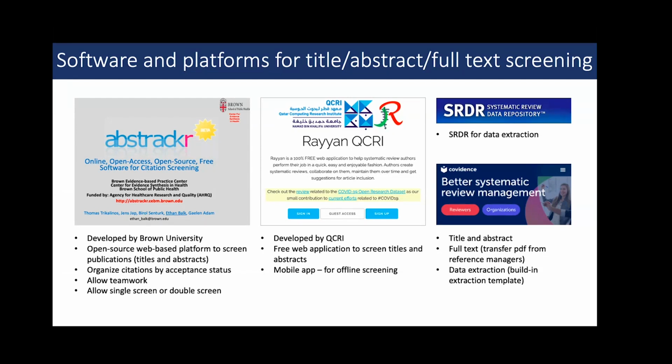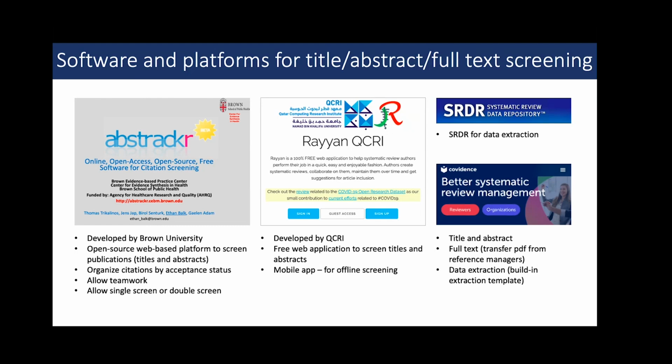It's a web-based platform, so you need internet access to use it. It's currently only used for titles and abstracts to be reviewed, and it can organize the citations by acceptance status in the end. So you can select those that you or the reviewers have accepted. It also allows teamwork and single screening, where each title and abstract is screened once, or double screening, where it is screened twice.